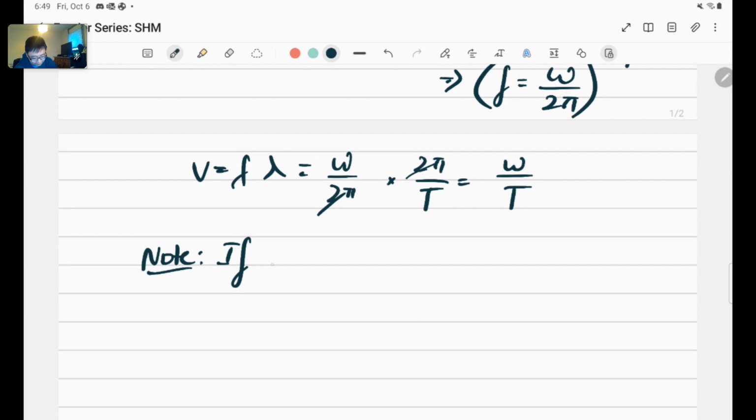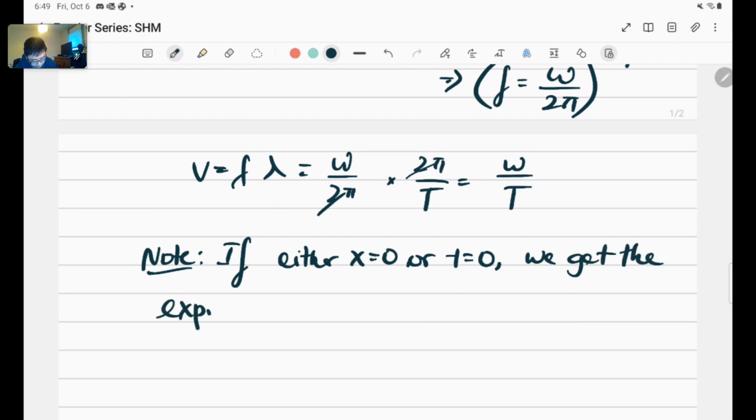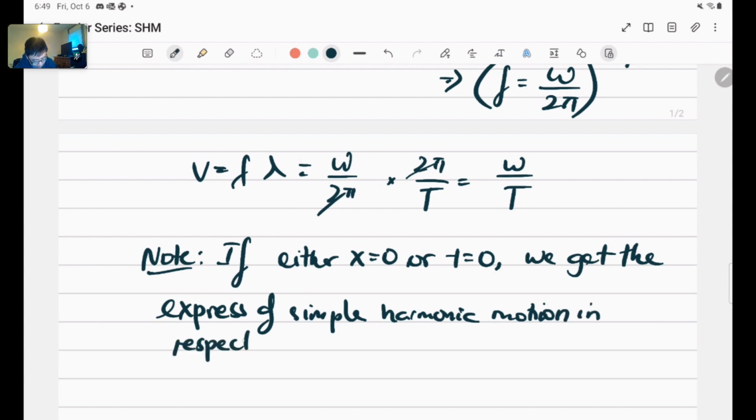So if I set either x equals 0 or t equals 0, we get the expression of y of a simple harmonic motion with respect to t or x respectively.